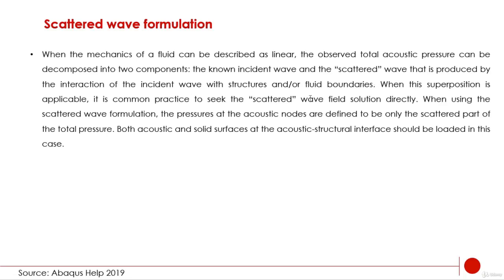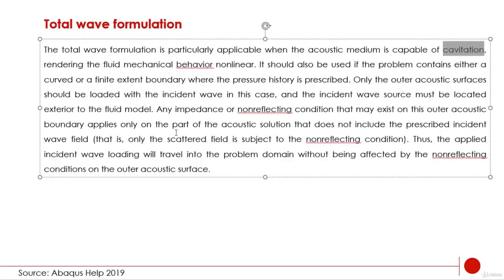When this superposition is applicable, it is common practice to seek the scattered wave field solution directly. So when we're using a scattered wave formulation, the pressures at the acoustic nodes are defined to be only the scattered part of the total pressure. Both acoustic and solid surfaces at the acoustic-structure interface should be loaded in this case.